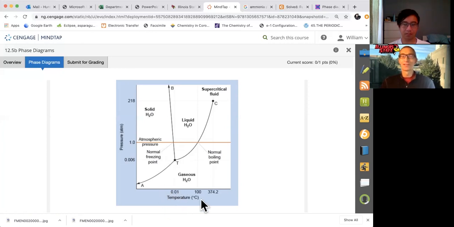If it's low temperatures, then it's almost certainly going to be solid on the left, just like we experience, just like we know already. And if it's high temperatures, then it's most likely going to be boiling into gas on the right-hand side, almost always.